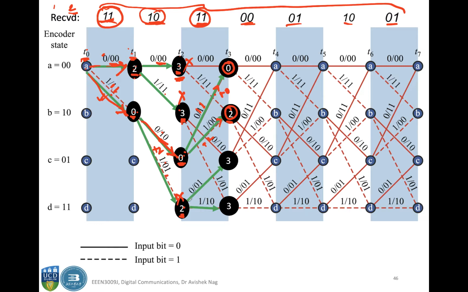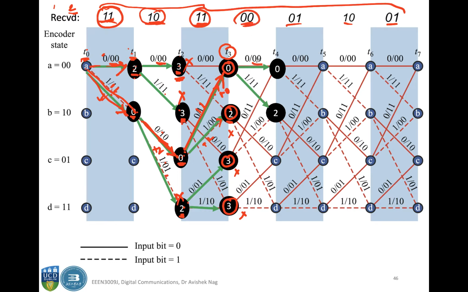If you had taken the second shortest, then by the same logic the accumulated path length would have been 3 here and 3 here. So we don't want these paths. Up to this point, this is my shortest path, if we had taken this route.